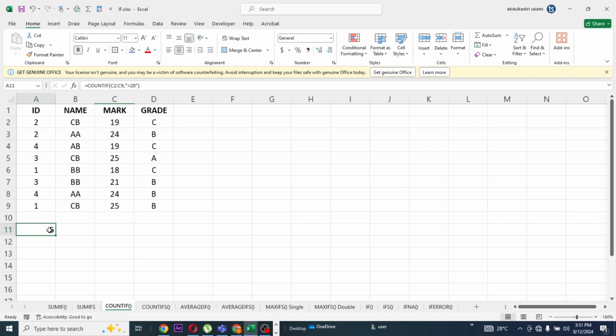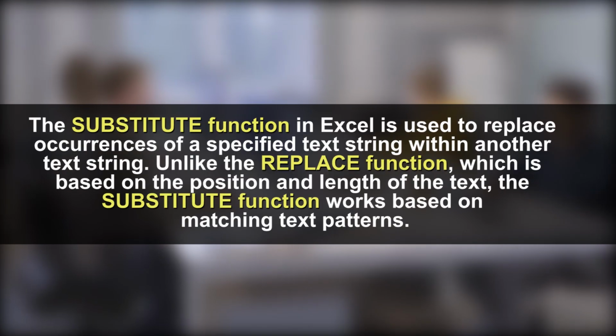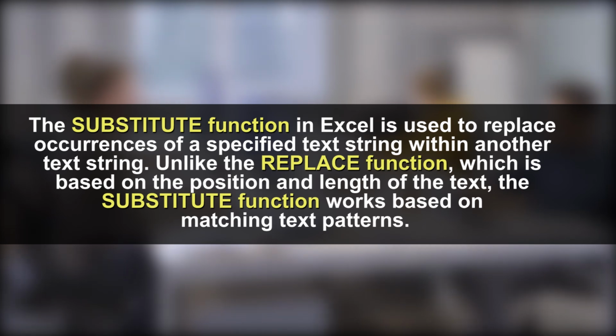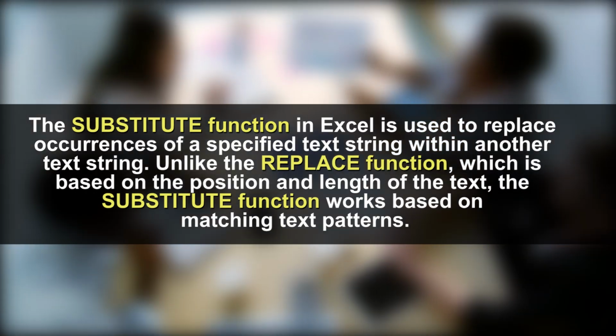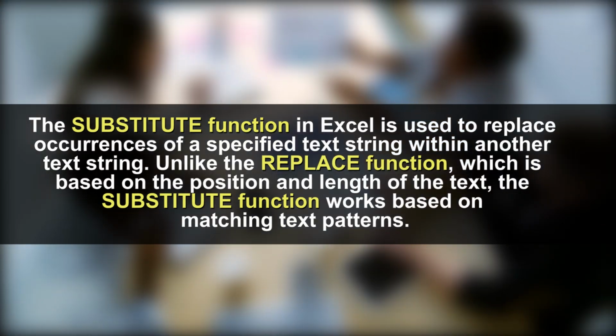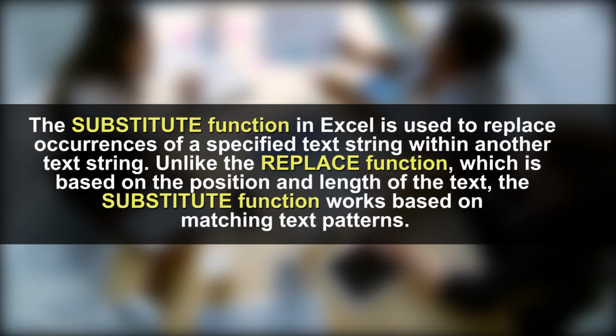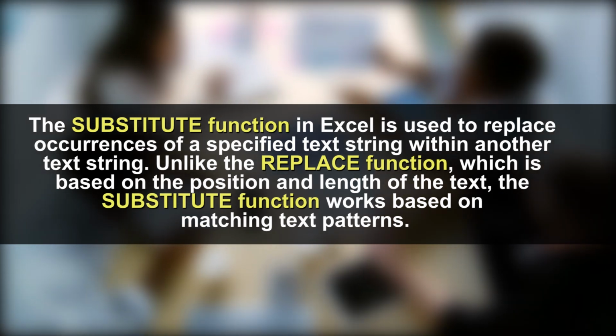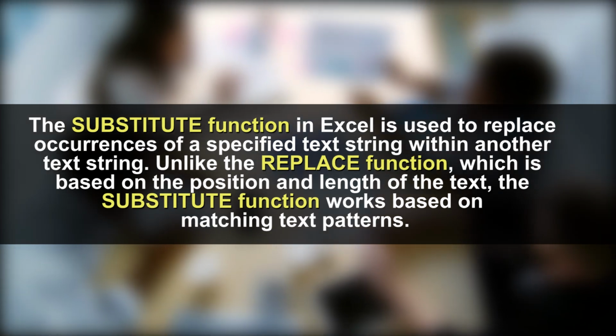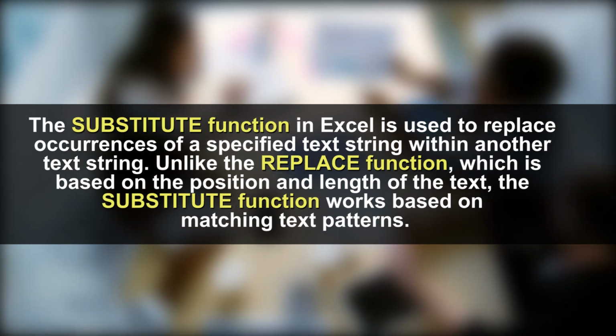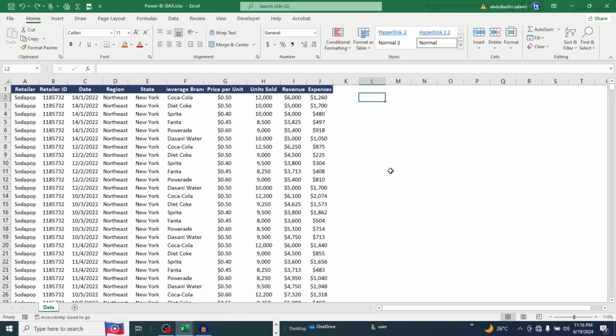So that is it. The SUBSTITUTE function in Excel is used to replace occurrences of a specified text string within another text string, unlike the replace function, which is based on position and length of the text. The substitute function works based on matching text patterns.